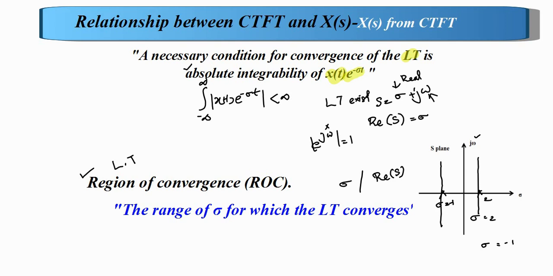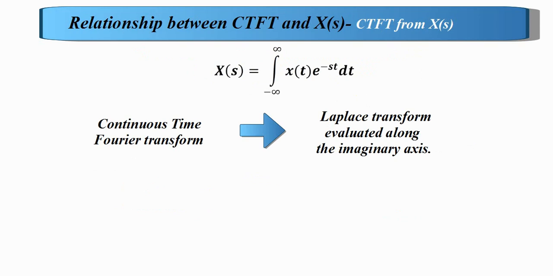Now we will discuss the relationship between CTFT and X of S in another way, that is, how we can calculate the CTFT from X of S. Means we have X of S, how can we calculate the continuous time Fourier transform? This is the basic equation of the Laplace transform: X of S is equal to the integral from minus infinity to infinity of x of t e raised to minus st dt.